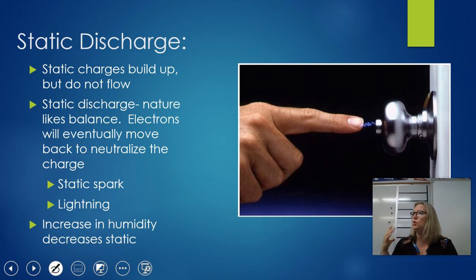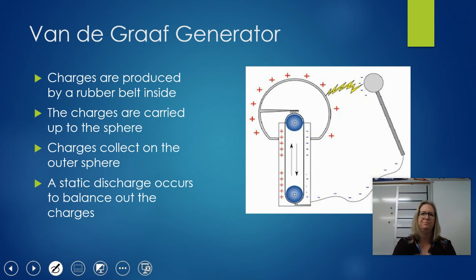Today is a fairly humid day, and so that actually decreases the static buildup. I wouldn't be able to do a lot of static demos for you guys today. So the more water vapor there is in the air, the more that hinders the buildup of the static imbalances. You notice in my classroom, I have this Van de Graaff generator.